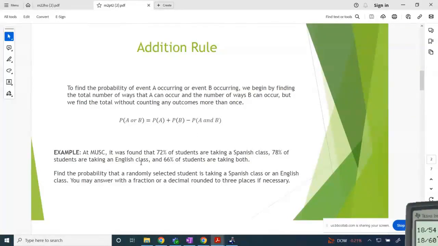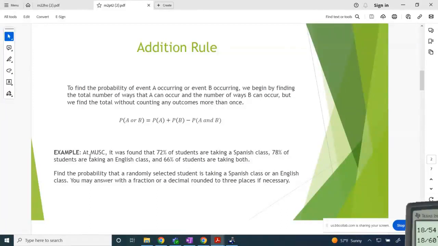Now here's an example. At MUSC, it was found that 72% of the students are taking Spanish, 78% are taking English, and 66% of the students are taking both.